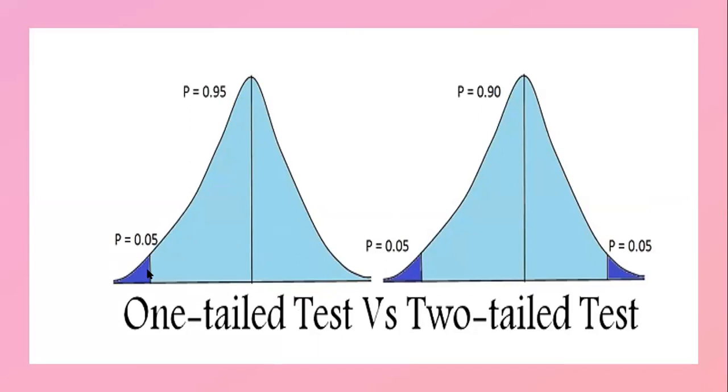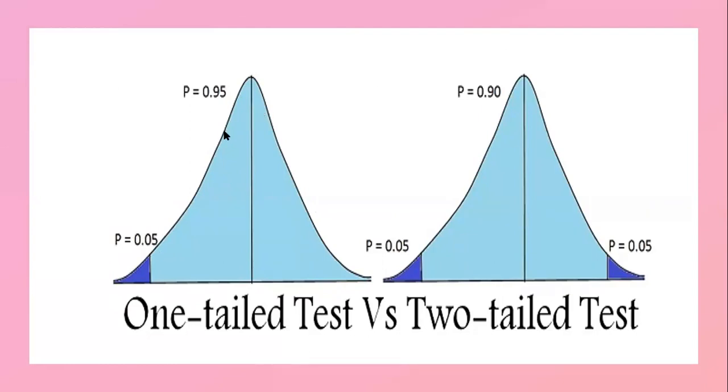See here, the rejection area. We keep the significance level at 5%. So 95% is the acceptance area, and the 5% area is the rejection area. If the calculated value lies in this rejection area, then we have to reject the null hypothesis.